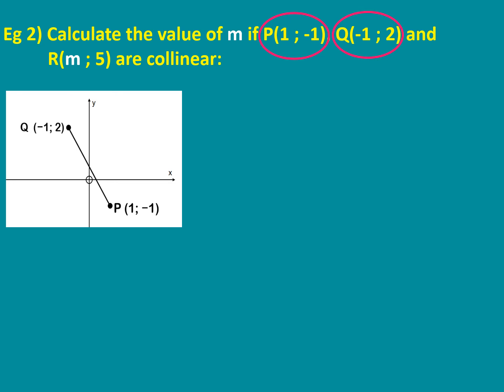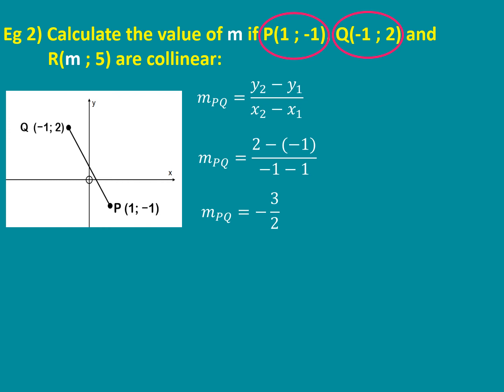So the gradient of PQ will be (2 - (-1)) over (-1 - 1), which simplifies to -3/2.